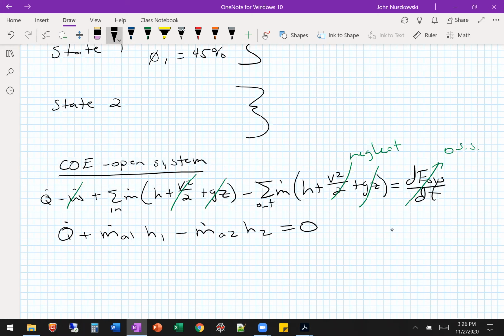Okay, so I have this so far. What do we do next? I have basically the mass flow of dry air carrying enthalpy in, and the mass flow of dry air carrying enthalpy out.